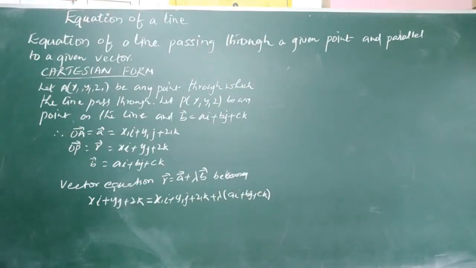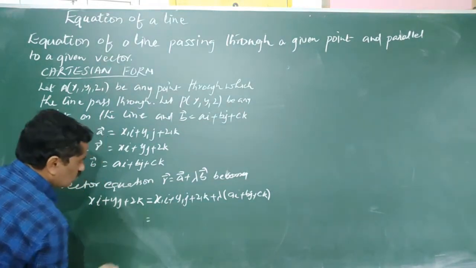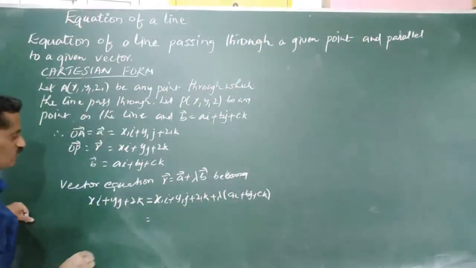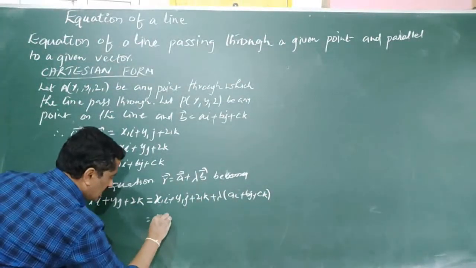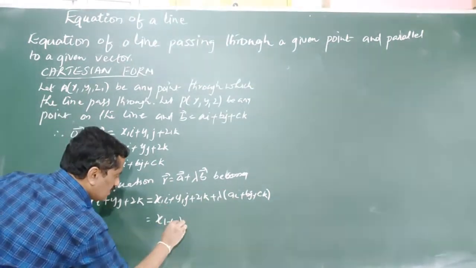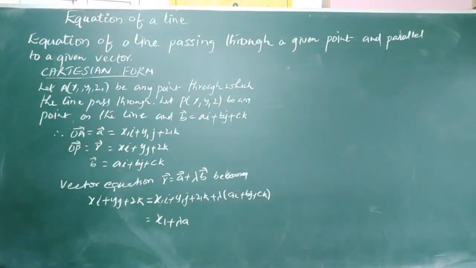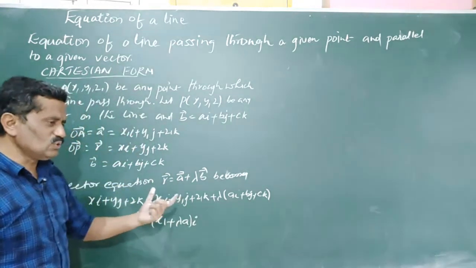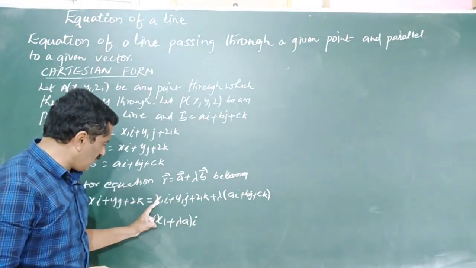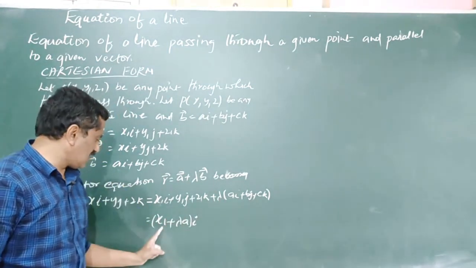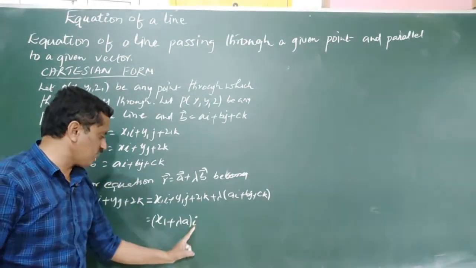So now, adding the two vectors, that can be written as x1 plus lambda into a, of i.